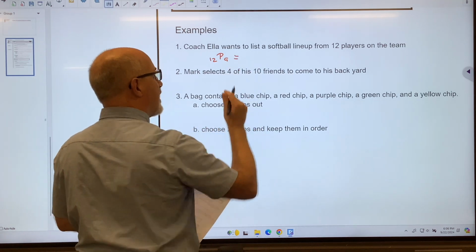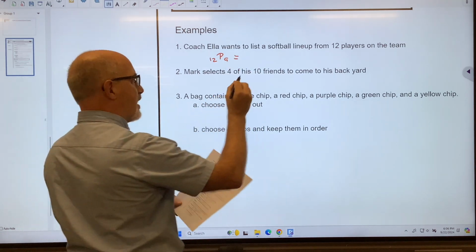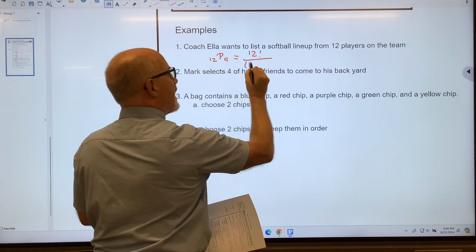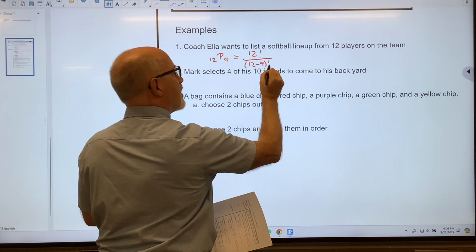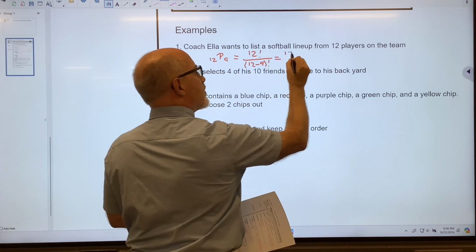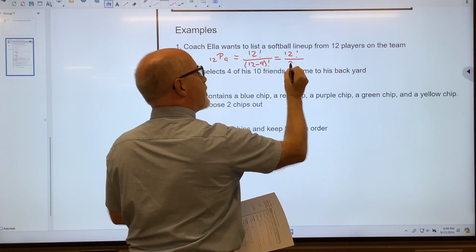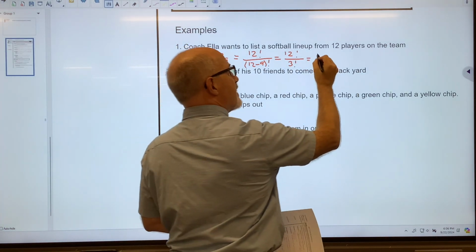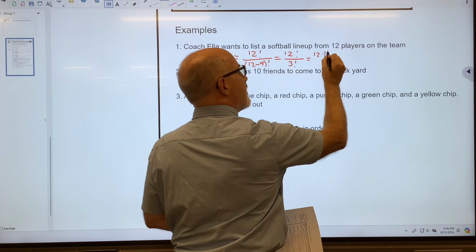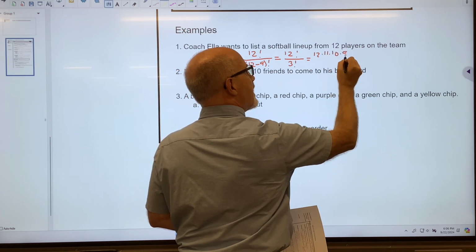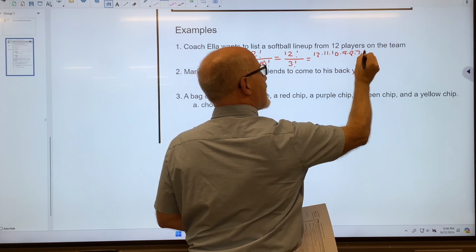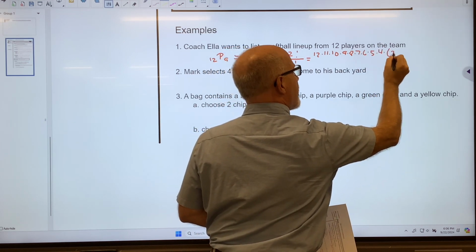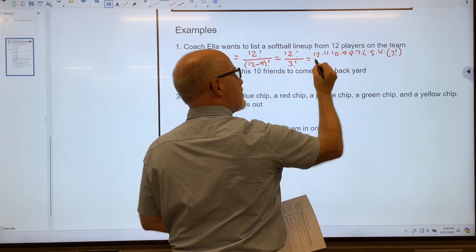And so to calculate that, you would get 12 factorial on the top. On the bottom, you do 12 minus 9 factorial. So this is going to be 12 factorial over 3 factorial. Now to simplify this, it's going to be 12 times 11 times 10 times 9 times 8 times 7 times 6 times 5 times 4 times, and then we'll have 3 factorial because that's 3 times 2 times 1.